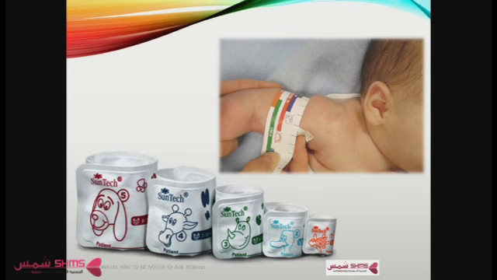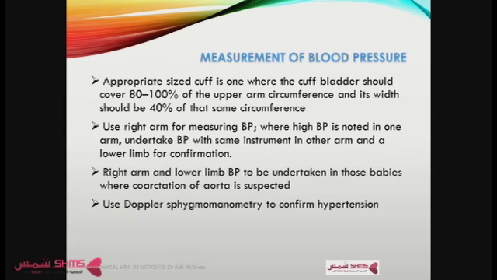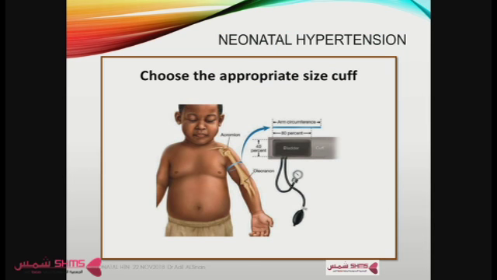These show 1, 2, 3, 4, 5, the cuffs of variable sizes in the neonatal period. And this is how we should go with the standard: it should cover the circumference 80 to 100%, and from olecranon to acromion should cover about 40%.